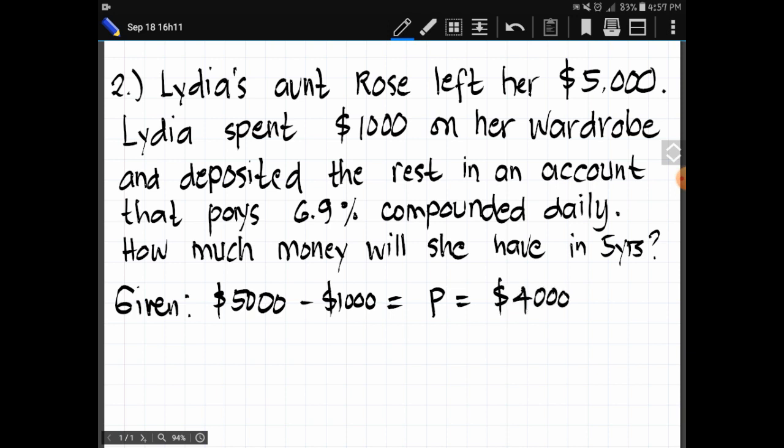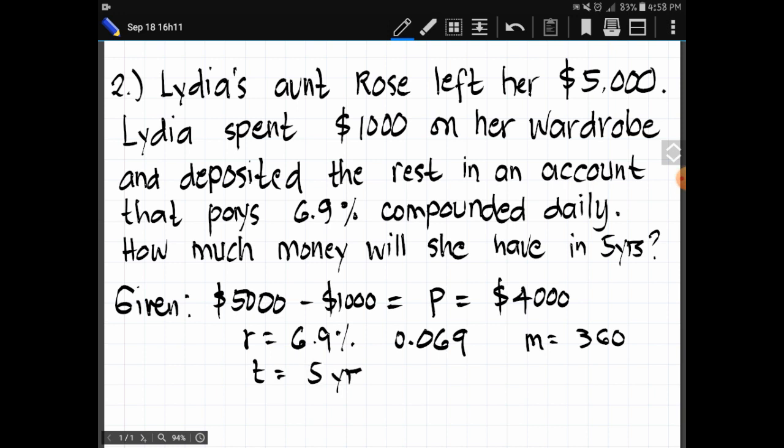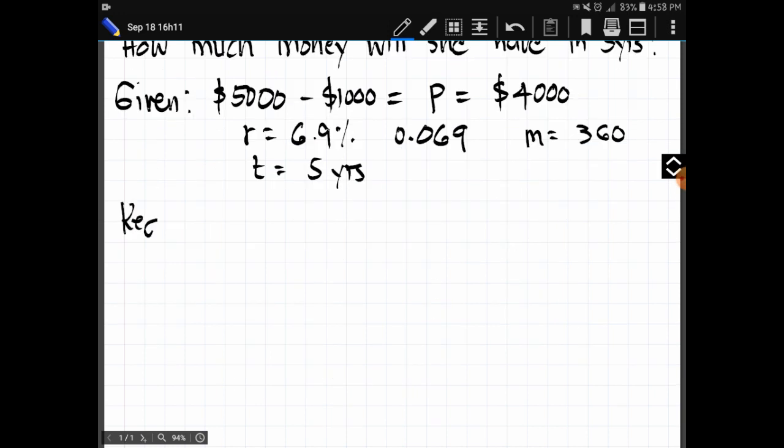Another given is the rate. Rate is 6.9%, or in decimal that is 0.069. Our m or compounding period is 360, and the time that is given is 5 years. Now, the required for this problem is the final amount also.